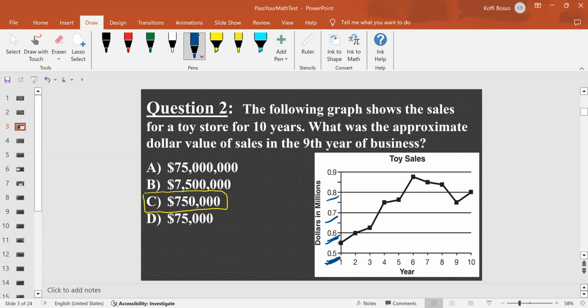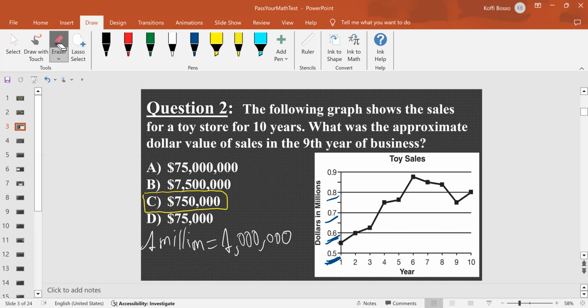But when they say million, understand that 1 million is a 1 with how many zeros? You're going to have a 1 with 6 zeros. That's equal to 1 million in terms of number.